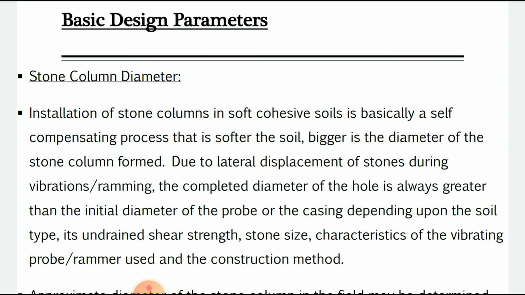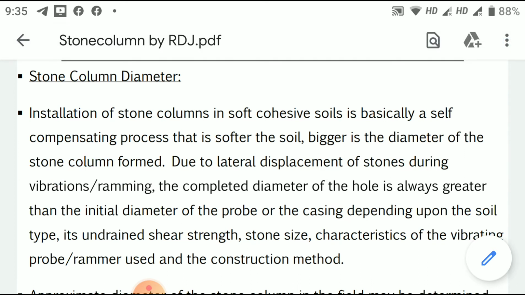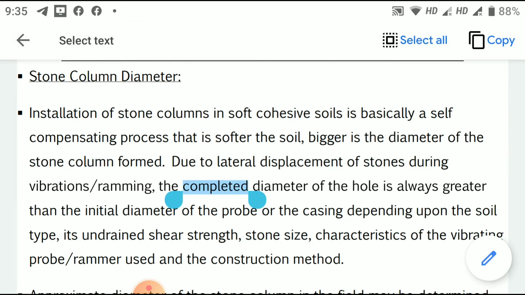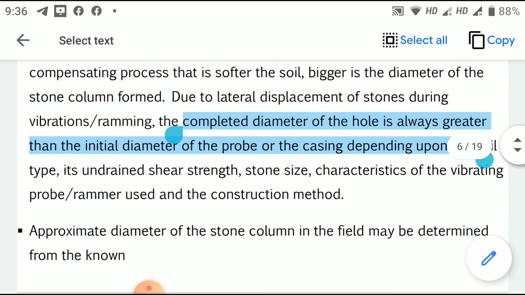Secondly, due to the lateral displacement of stone, vibrations or the ramming, the compacted diameter of the hole is always greater than the initial diameter of the probe or the casing, depending upon the soil.